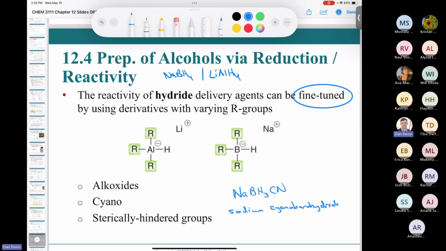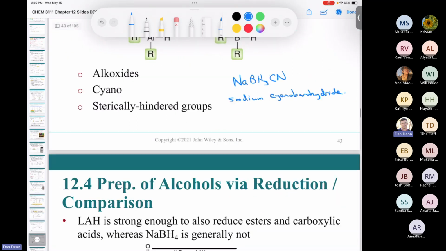And it has some special reactivity when we look at some reductions later on in the class. Again, you don't need to know it for this chapter, but I'm just putting the bug in your ear that we are going to take a look at one more later on, but that's much later on. So don't worry about it now.